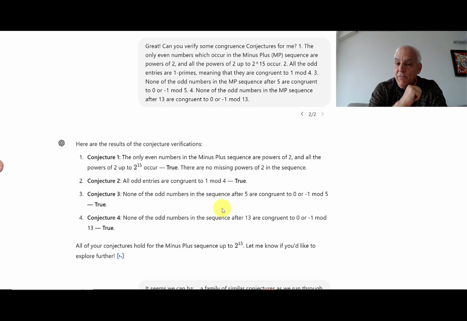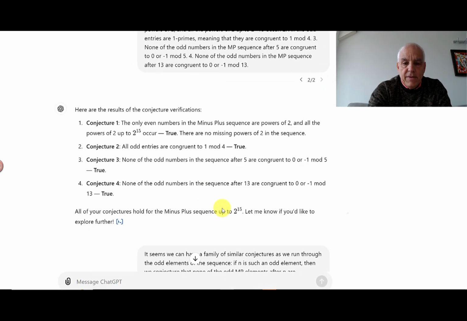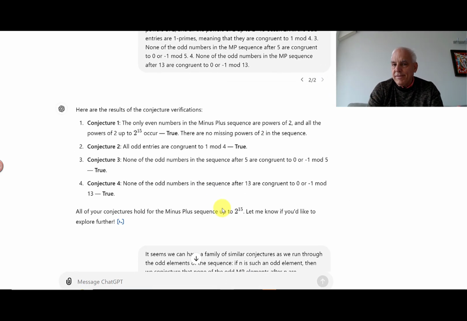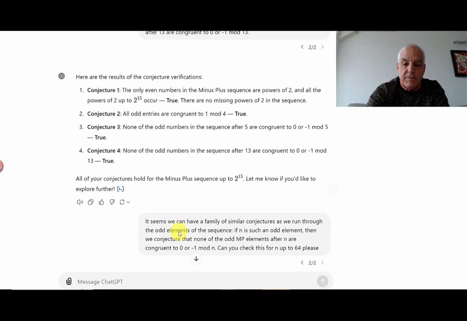None of the odd numbers in the MP sequence after 13 are congruent to 0 or minus 1 mod 13. This is a good thing because it forms another check on whether it's churned out the sequence up to 2 to the 15. So it verifies things and says that all these conjectures are true. True, true, true, true. All of your conjectures hold for the minus plus sequence up to 2 to the 15.